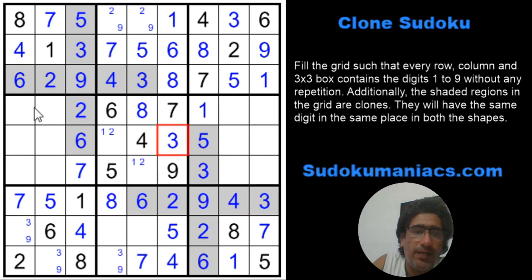3, 3, 3 is left here, 5, 5. Oh, 3, 5, 3, 5. So this will be a pair of 3, 5. But with a 5 here, that's a 3, 9, 3, oops, 9, butterfingers, 3. What is missing here? 1 and 9.